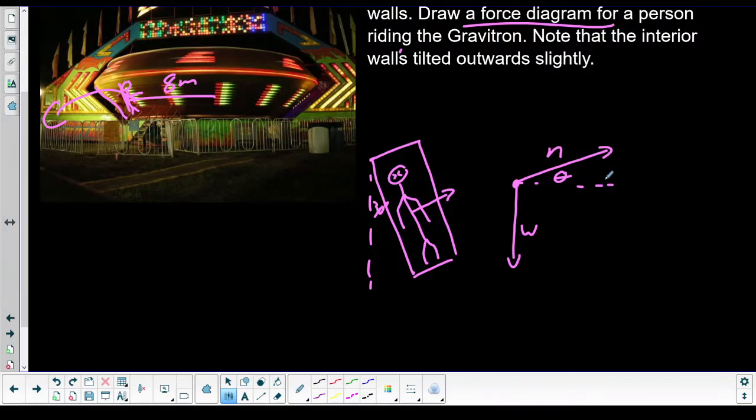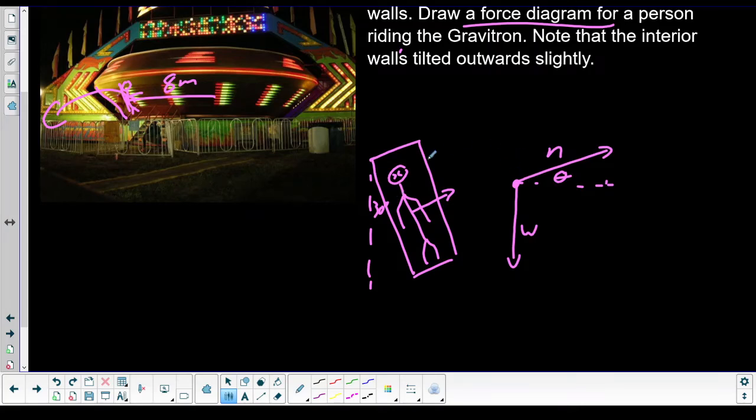So is this piece of the normal force equal to the weight? Turns out probably not. For it to be that, you would have to be spinning so fast that you'd probably pass out, to be honest. So, lucky for you, there's friction between your body and this mat.